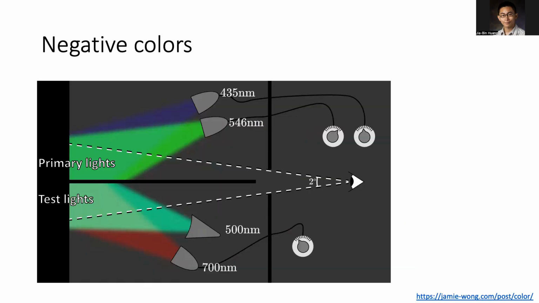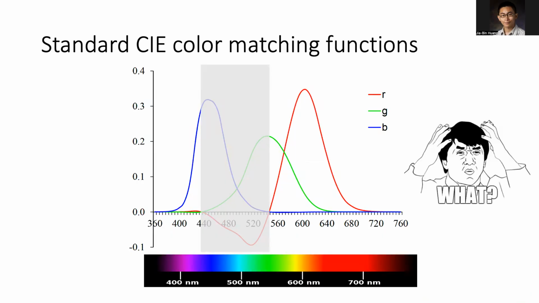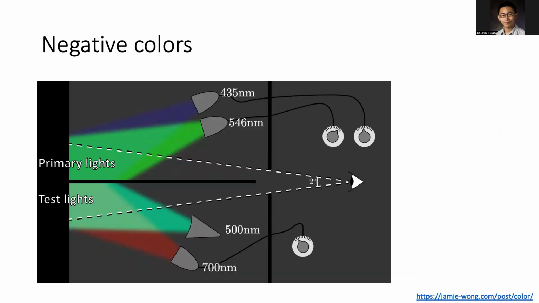They found that for some colors, what they need to do is move the red light to the other side, so that they add this up, and then these two should match. They will match.